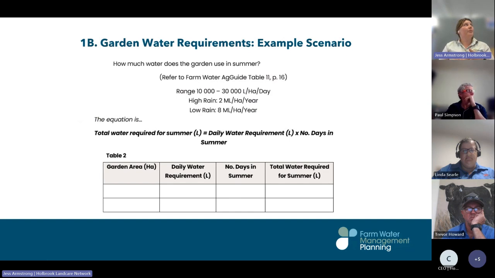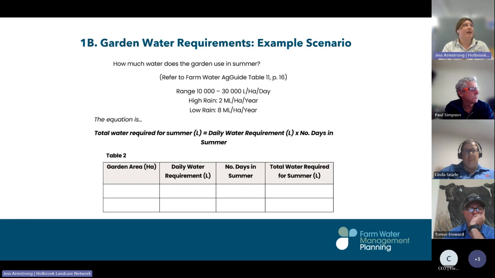I want to move on to 1B, which is your garden water requirements. So if you refer back to your plan, refer back to your workbook and our example scenario, our garden area is 0.2 hectares. So what we're going to do in this situation is to find our total required water for summer. We are going to times our daily water requirement in litres by the number of days in summer.